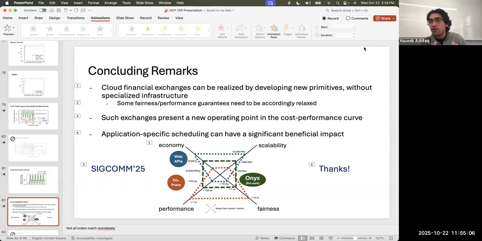And then we have a trusted execution environment where the trader's program is loaded onto it without the exchange knowing what the program is. So there are such deployment models that need to be discussed. But as I said, the simplest model is the exchange controls all the VMs and just the trading program is loaded into the receiver VMs. That works well. That gives us security guarantees as well as the performance.